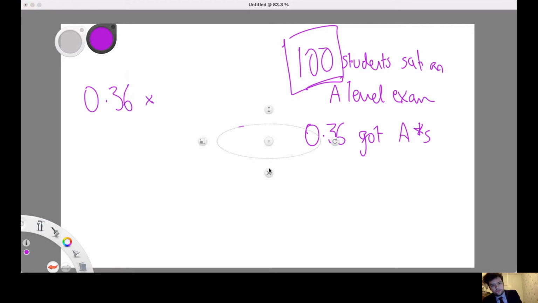So we're doing something to our 0.36 to get it as something out of the total. If we look at this in reverse, remember the first time I showed you just now, I said it was the small number divided by the total that gives you your answer.